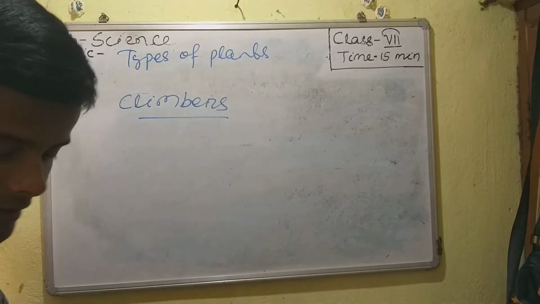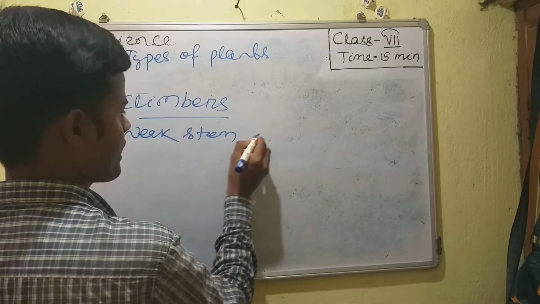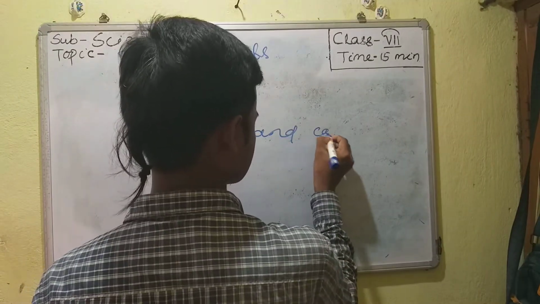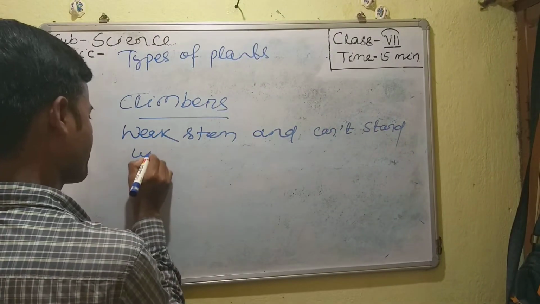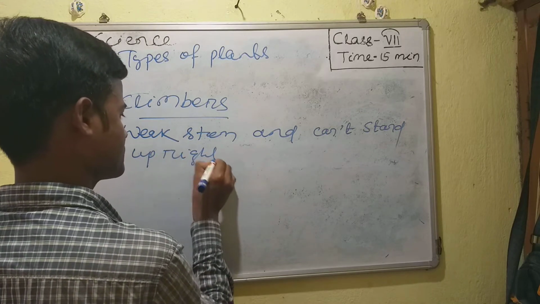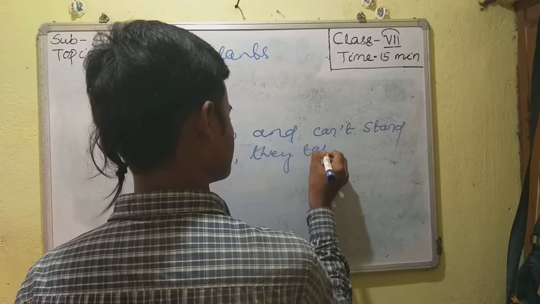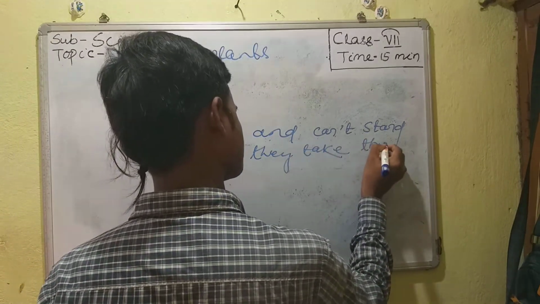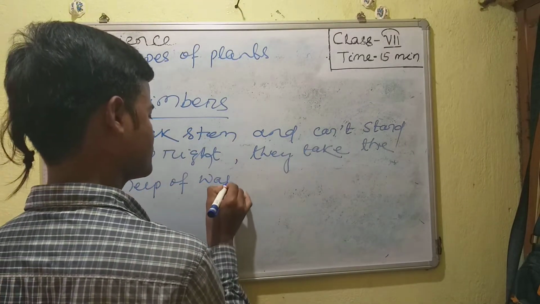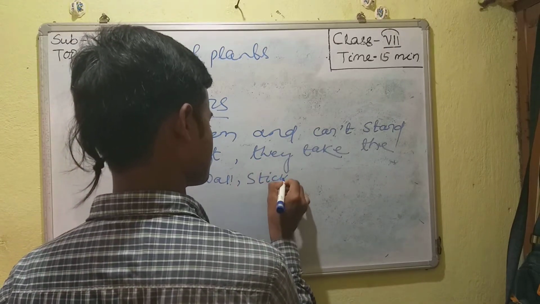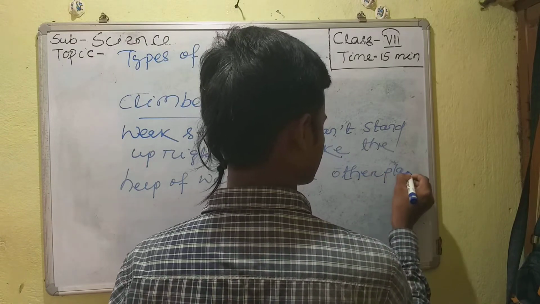These plants use these tendrils with the sticks and bind their body. So climbers have weak stems and cannot stand upright. They take the help of a wall, stick, or other plants, right?